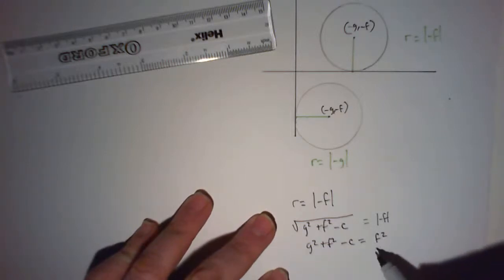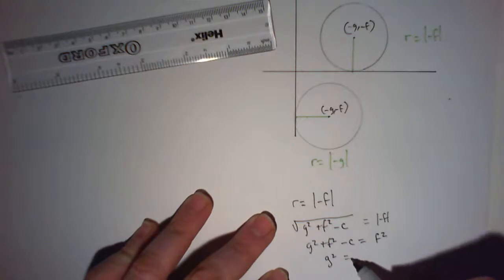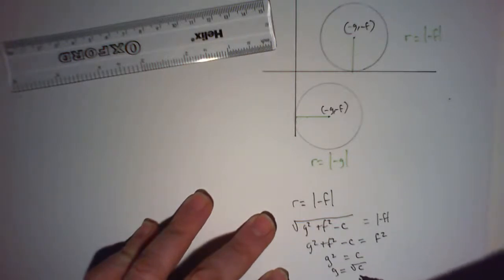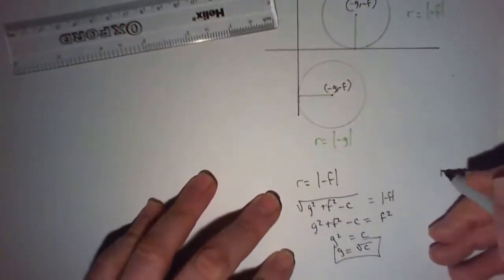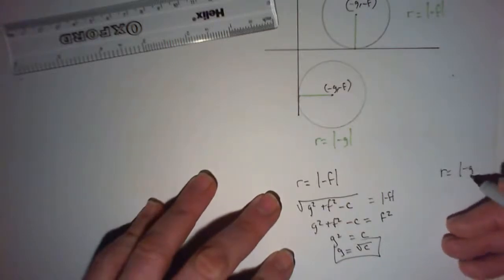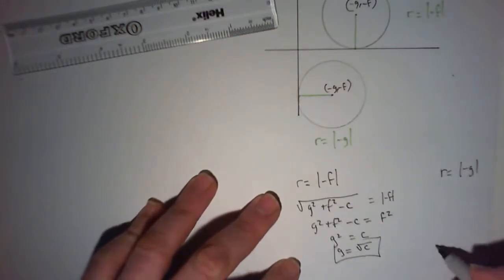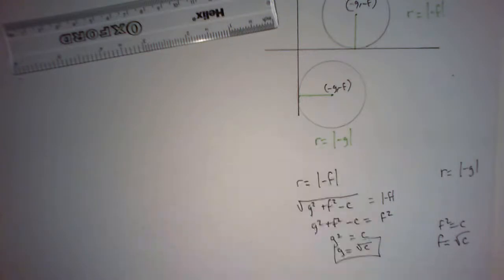The f squared cancels, so g squared is equal to c, and g is equal to the root of c. So you can see where we're going with this. We could do the same thing if we had r equal to the absolute value of minus g. Follow the same route down, and you'd have f squared equal to c, so f is equal to the square root of c.